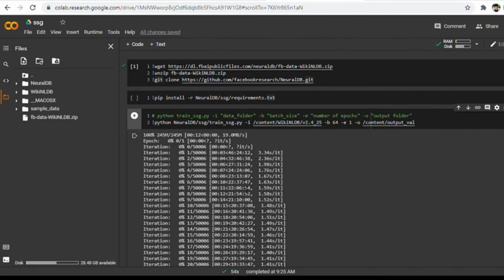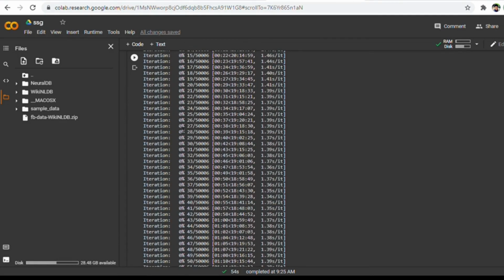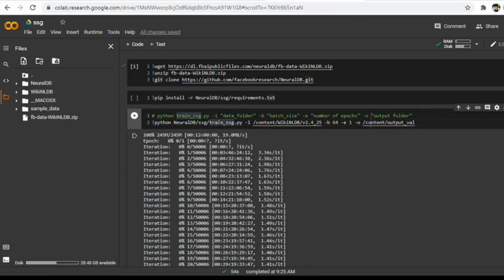For a simple benchmark, they have provided the setup. It uses the SBERT package for the bi-encoders and other things. For a basic neural DB, it takes a lot of time.